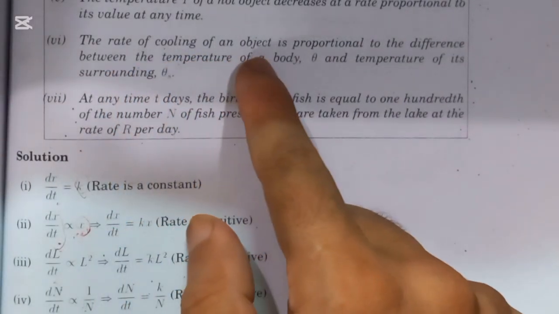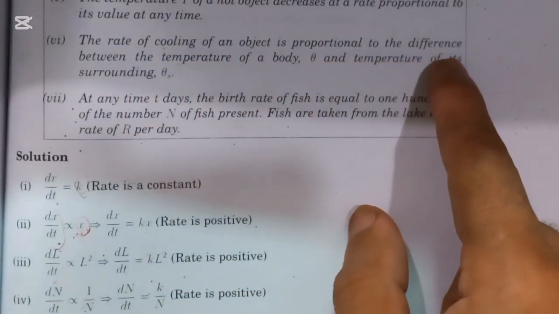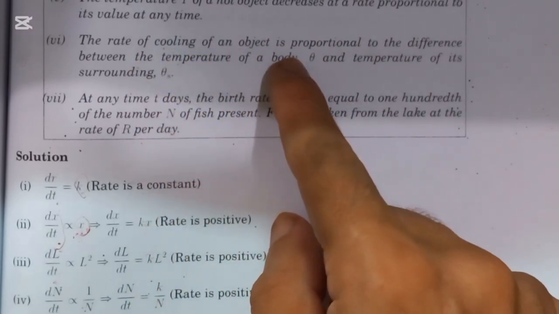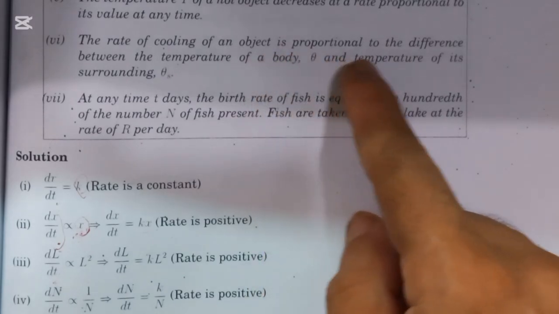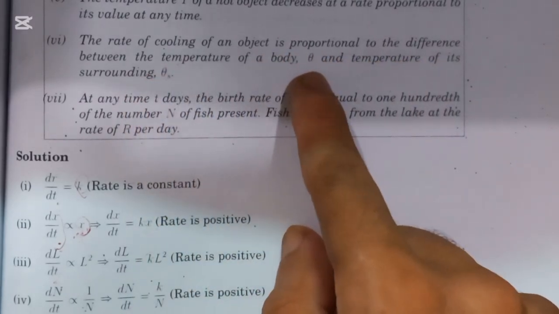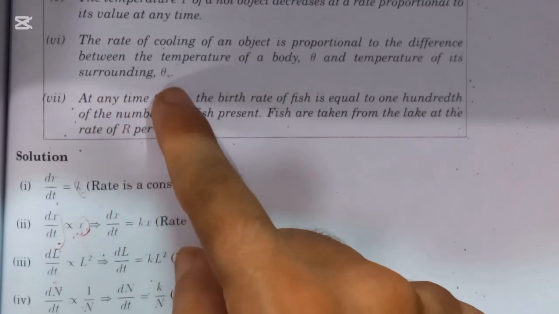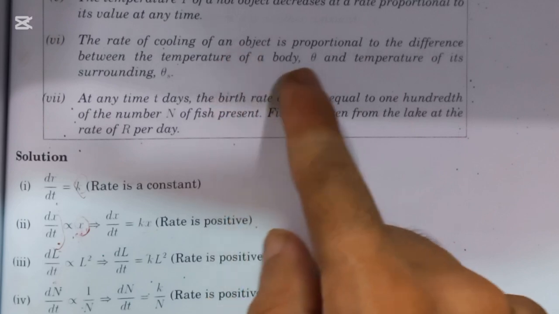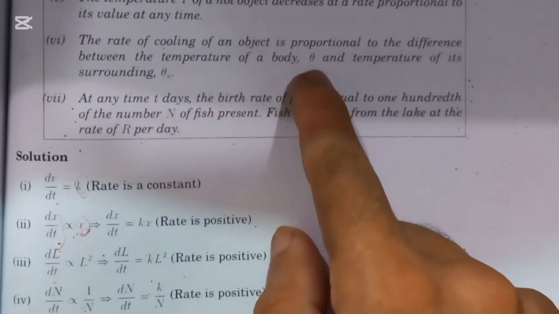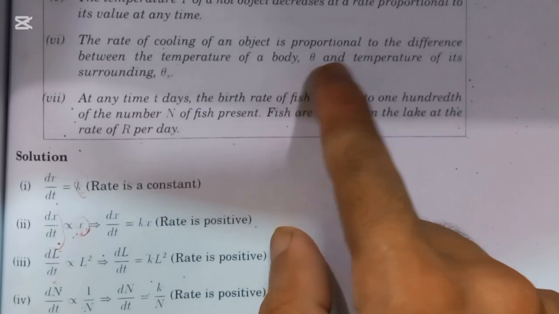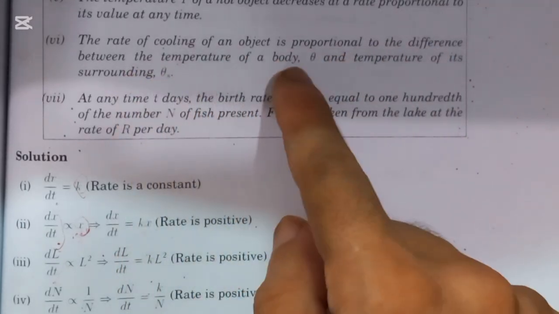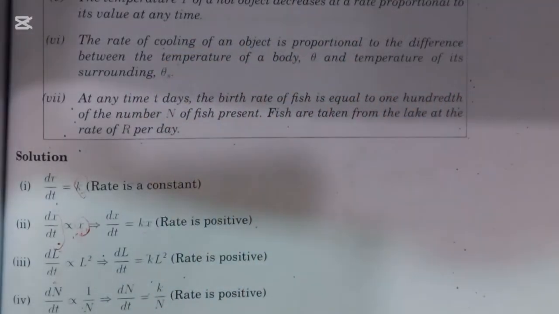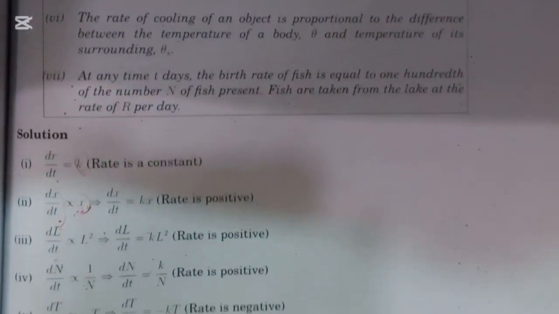Next, this is the sixth part. The rate of cooling of an object is proportional to the difference between the temperature of the body, theta, and the temperature of the surroundings, theta s. Because the object's temperature is theta, d theta over dt will be proportional to the difference between the temperature of the body and the surroundings, so proportional to theta s minus theta.